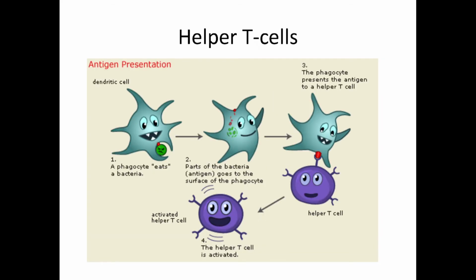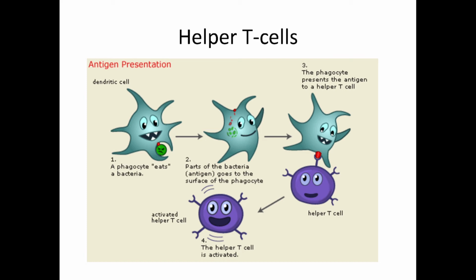Now we talked about helper T cells. What is a helper T cell? We said it activates the B cell. Well, great, so it activates the B cell. How do we get a helper T cell? How does it get activated? What makes it activate a B cell? So the way that this happens is first you've got a phagocyte that eats a bacteria. Remember I said that once it had digested it in that lysosome, there were little bits of it that are left.